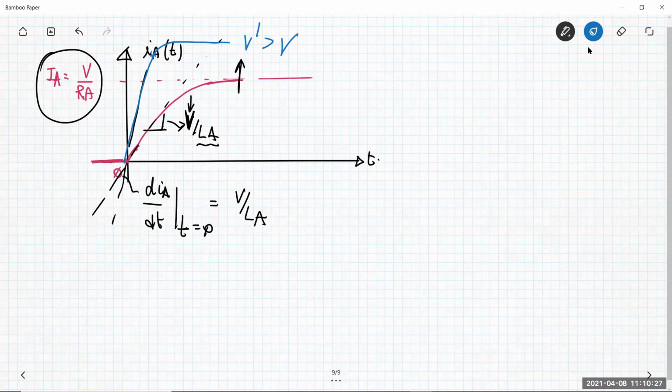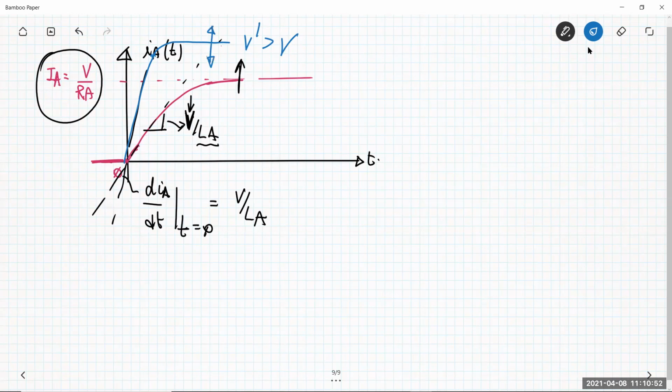But remember what I said before: the current flowing into the phase is not allowed to exceed a specific maximum value, in order not to destroy your phase, because the power dissipated is too high and the temperature becomes large. So this is a problem.